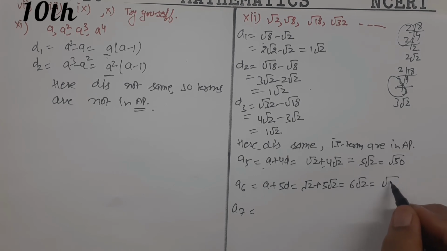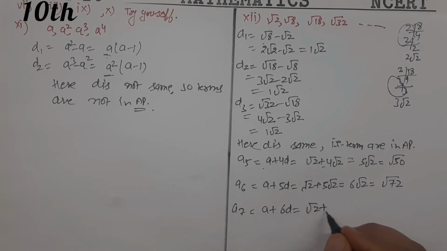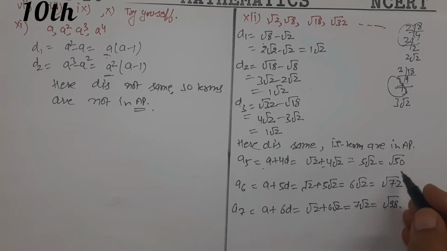After solving, we have 72. a plus 6d, 7 root 2, it makes root 98. Answer: root 50, root 72, root 98.